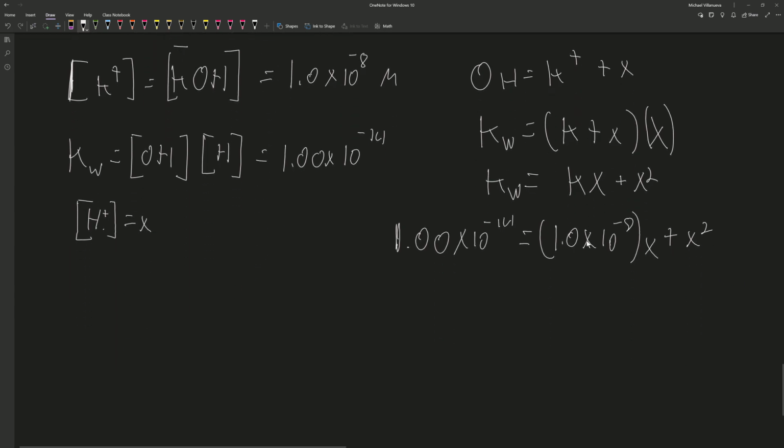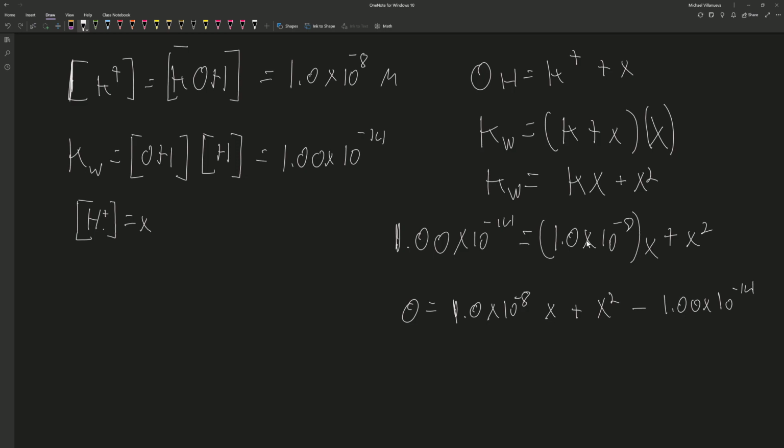At this point, we could set our equation equivalent to 0. So 0 equals 1.0 times 10 to the negative 8th x plus x squared minus 1.0 times 10 to the negative 14th.